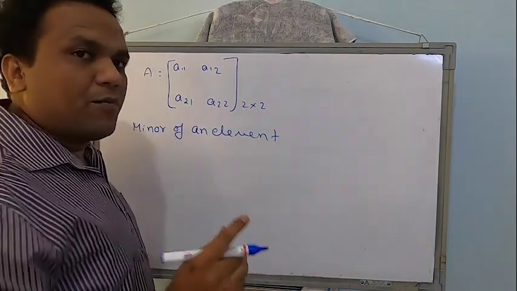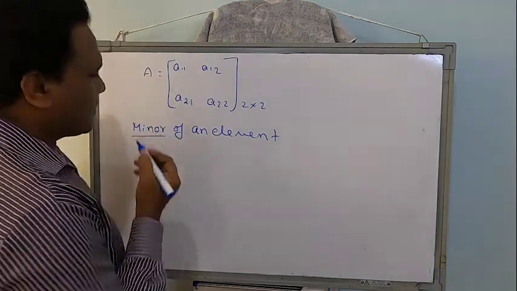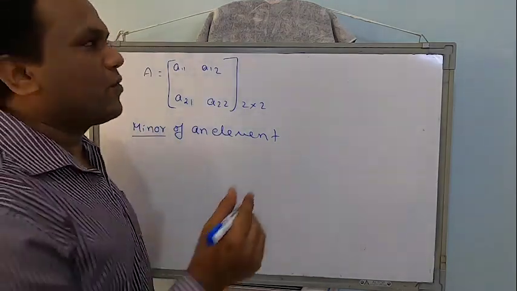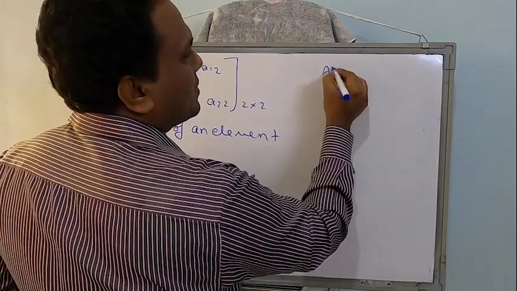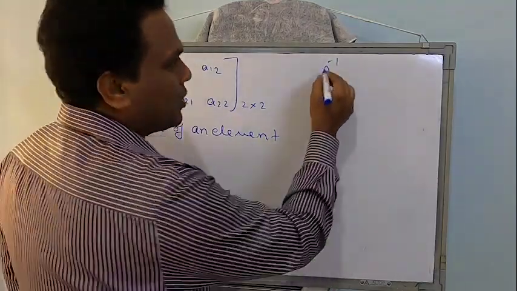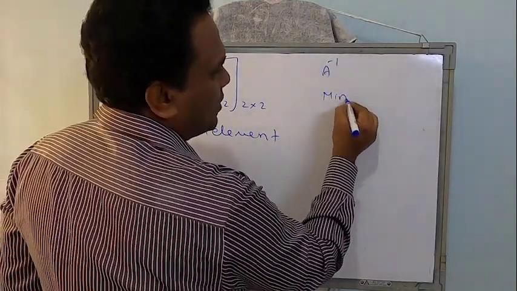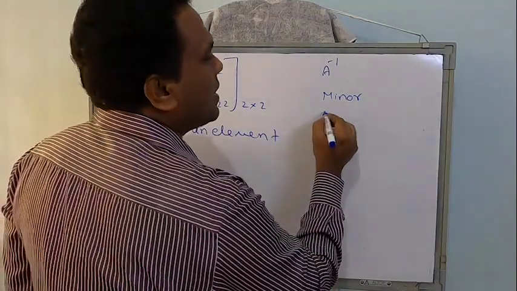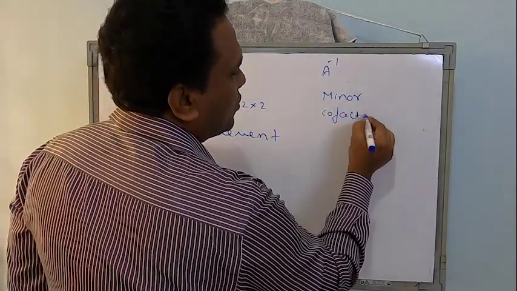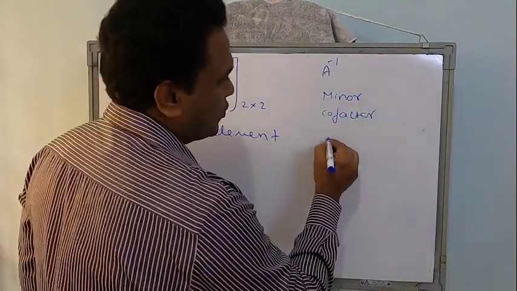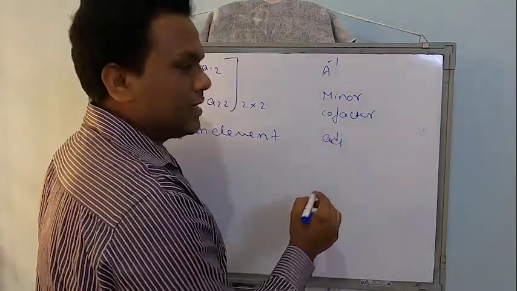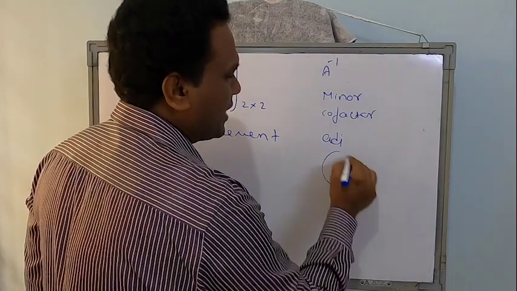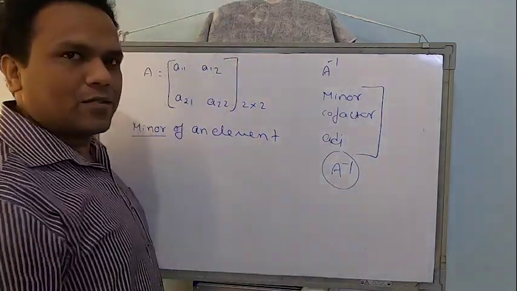There are three things to study before finding A inverse. I simply cannot find A inverse directly. First I need to study the minor of an element. The next is cofactors. Then I should find the adjoint. Then I will find A inverse. To reach this, I should study these three topics today.